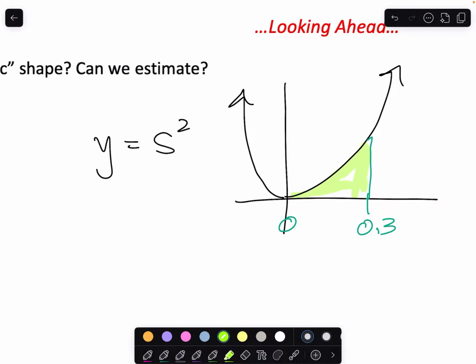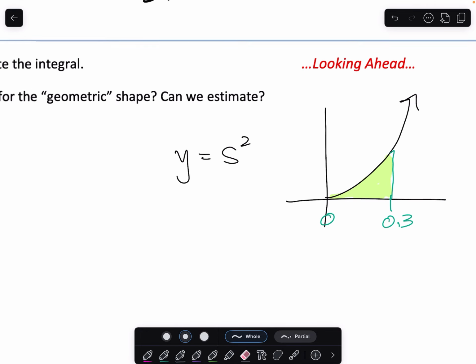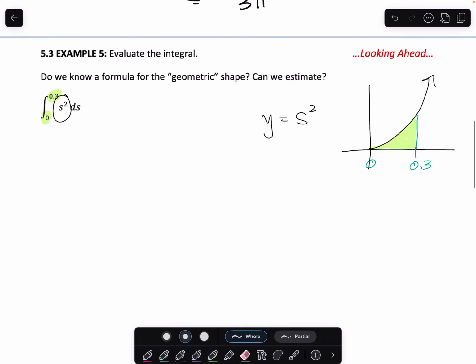Now, is this a geometric shape that we know the formula for? It's not. I can't figure out what that shape would be, or the area of this curved triangular region without using the definite integral. Okay, so this is where we're going forward. This is what we're moving towards, using that next step.